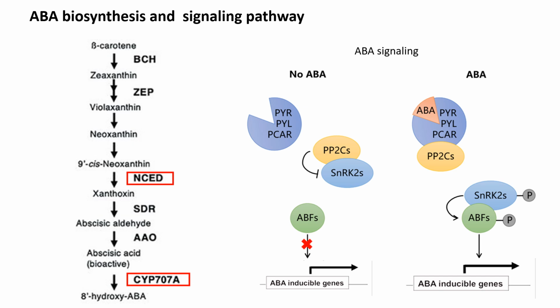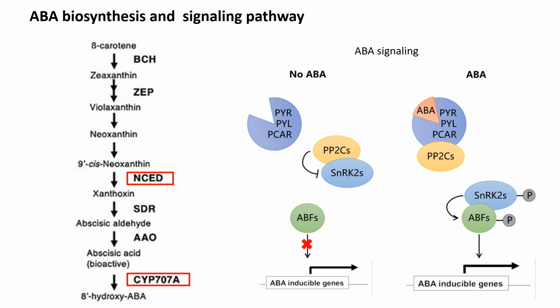The xanthoxin then moves out of the plastids and is converted in two steps to abscisic aldehyde and finally to abscisic acid. Now, this bioactive form of abscisic acid is not the only form in which abscisic acid levels in the cell are regulated, but abscisic acid levels may also be regulated by its catabolism.